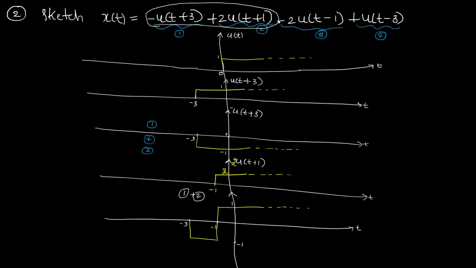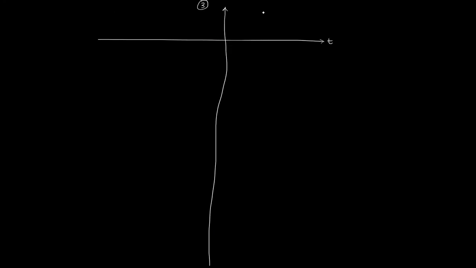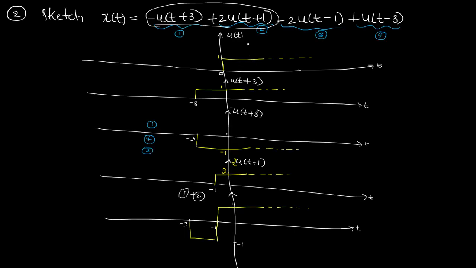It is minus 2 u of t minus 1. First let me write u of t minus 1. Okay, minus 2 is there. Amplitude is minus 2. How to sketch u of t minus 1? Right shifting of u of t by 1 unit. This u of t should be right shifted by 1 unit.